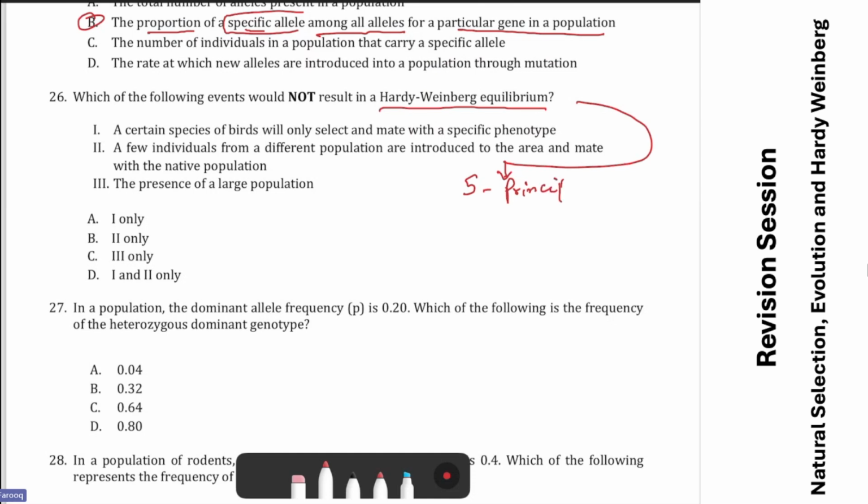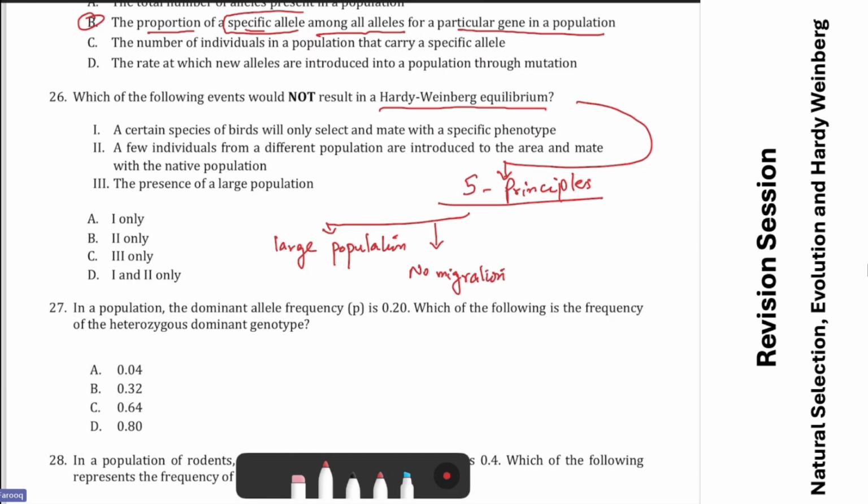So if these five principles are met accordingly, the population will stay in equilibrium. So number one, we go for large population. Number two, no migration.